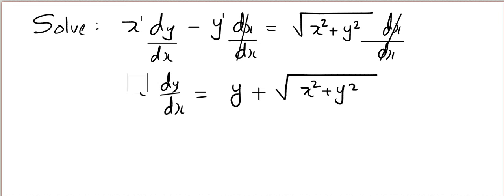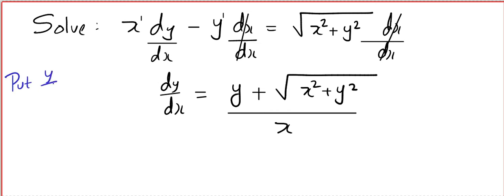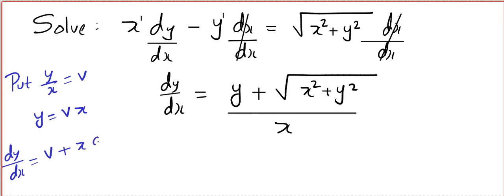Okay, I can cancel this or cross multiply. Okay, wow. Now what should I do? Now I am confident that this is homogeneous. So I put y by x is equal to v, that is y is equal to v into x, so that dy by dx will be v into 1 plus x into dv by dx.